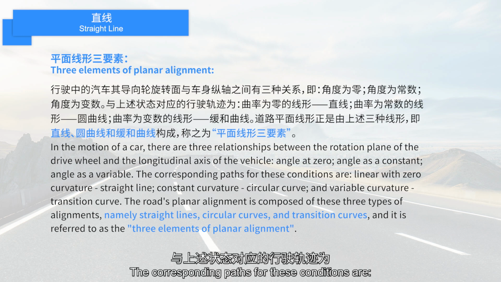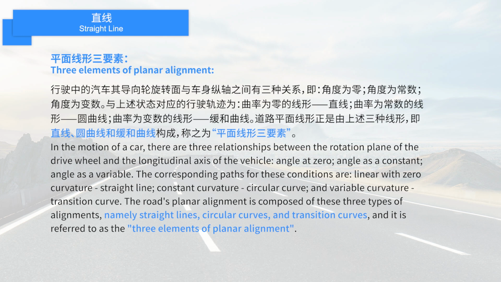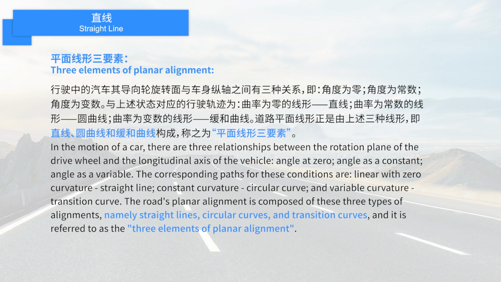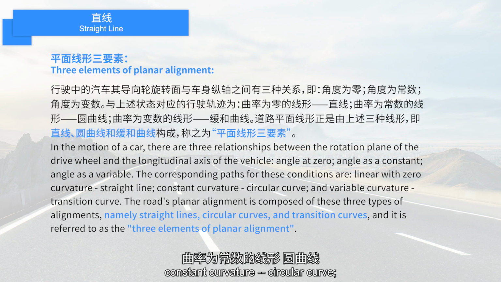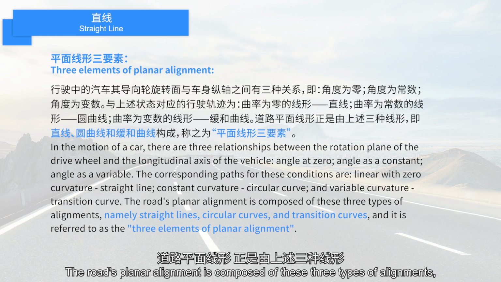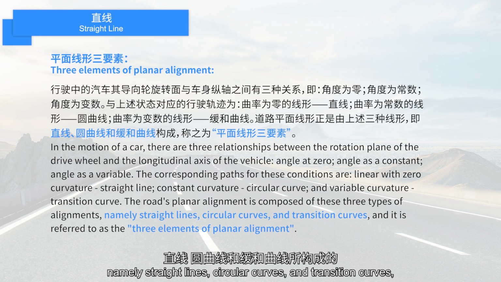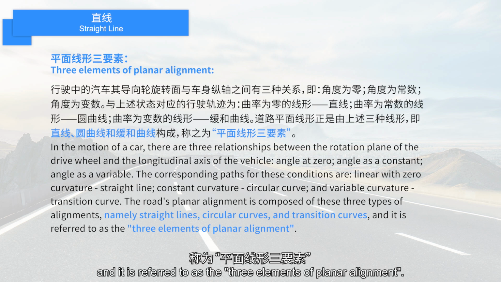The corresponding paths for these conditions are linear with zero curvature, straight line, constant curvature, circular curve, and variable curvature, transition curve. The road's planar alignment is composed of these three types of alignments, namely straight lines, circular curves, and transition curves, and it is referred to as the three elements of planar alignment.